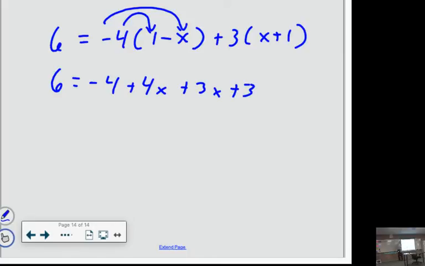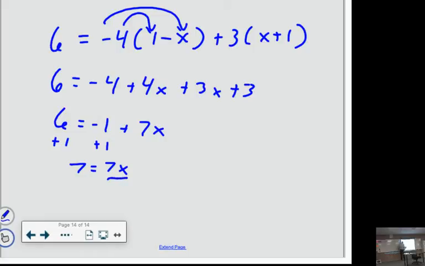Now I'm just going to combine like terms. I'm going to get 6 is equal to -1 plus 7x. Ooh, I see where this is going. I'm going to add 1 to both sides. And I get 7 is equal to 7x.